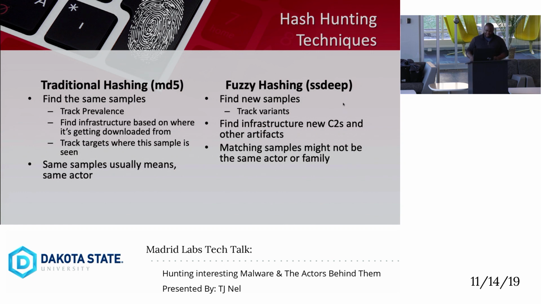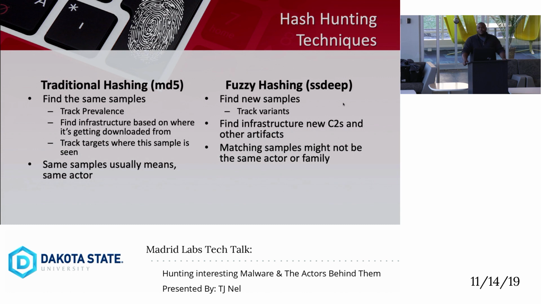But fuzzy hashing is where we're doing our hunting, and we're finding new samples, interesting samples here. So when you want to find new samples, you want to say, okay, what's the fuzzy hash of this Emotet sample? Let's search across this, and then you can find all of the other different types of samples that you could be looking for in your environment that may be similar, but not exactly the same for those actors.